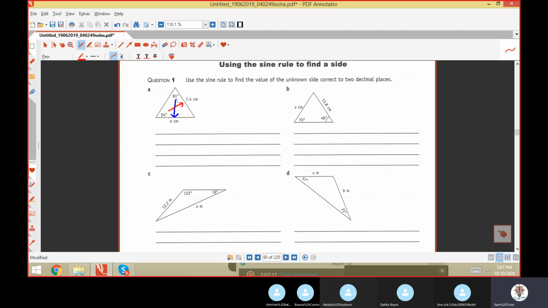Whatever angle corner goes to its opposite side. So when you write this out, it becomes sine 81 all over its respective side, which is little a, equal to sine 54 over 7.4. Why is it sine? Because it's sine rule. And question 1 says use the sine rule as well, so that's a double whammy right there.